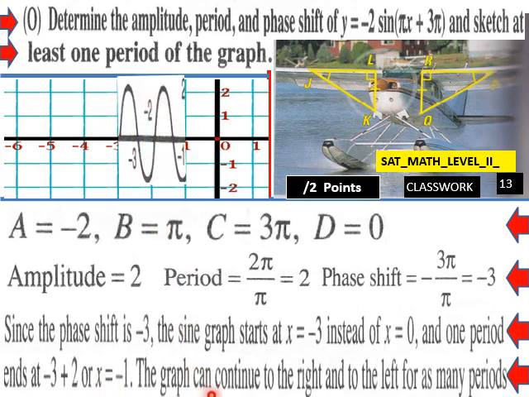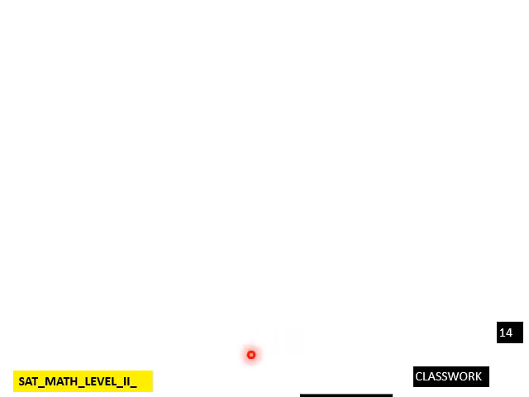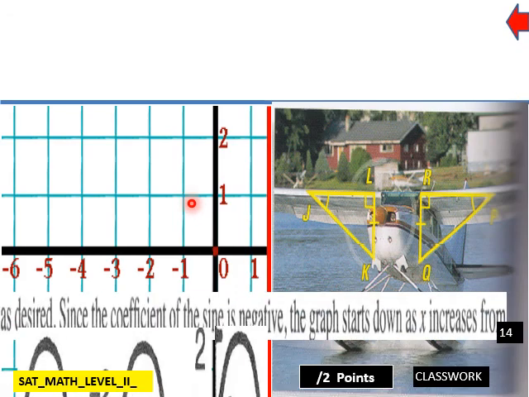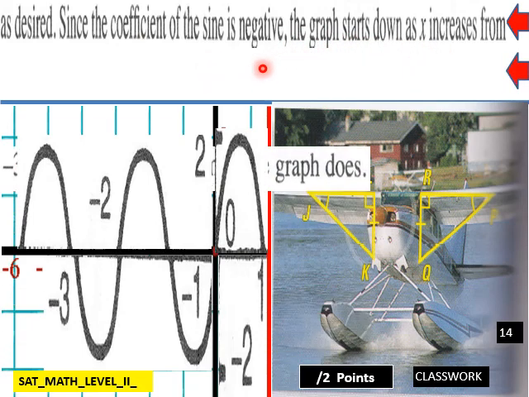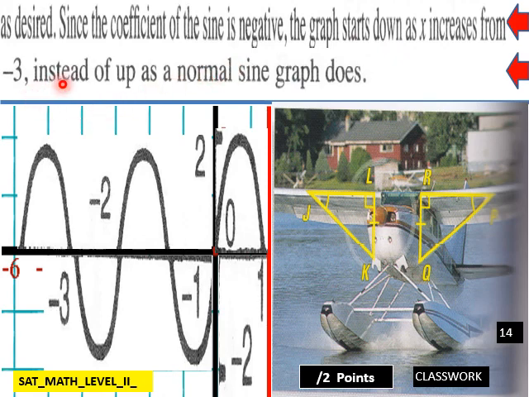The graph can continue to the right and to the left for as many periods as desired. Since the coefficient of the sine is negative, the graph starts down as x increases from negative 3, instead of up as a normal sine graph does.